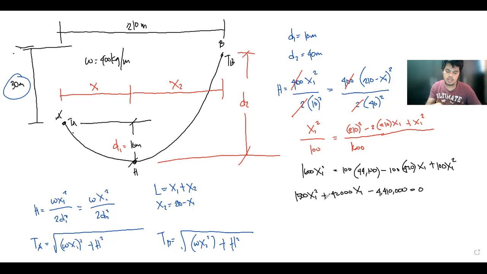Just go to your calculator equation mode, and find the function which can calculate the given variables, with negative 4,410,000.